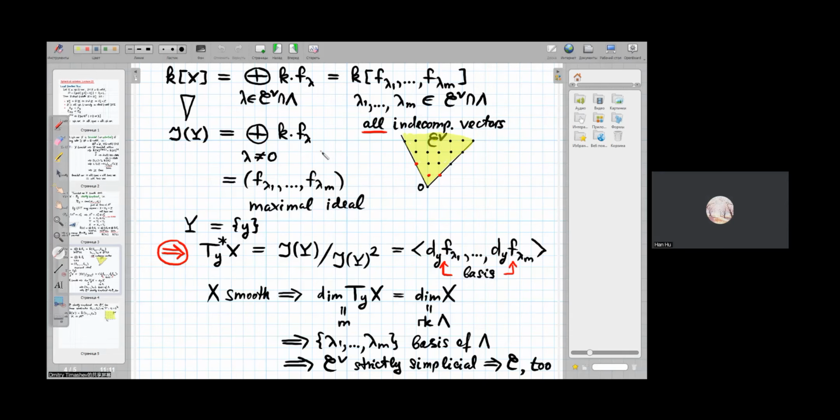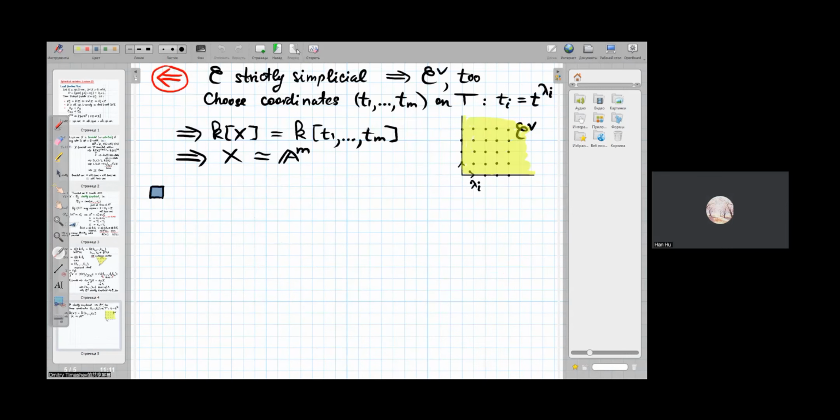And why? So the implication. This one is actually smooth. That implies it is strictly simplicial, right? Yes. This is even easier. If C is strictly simplicial, then you just prove that X is an affine space.